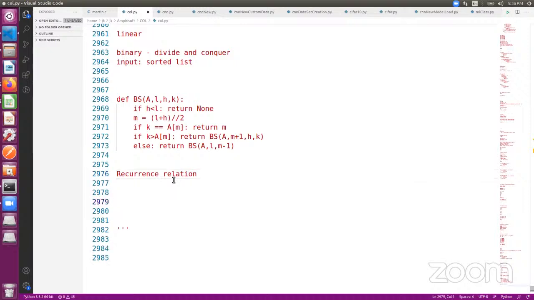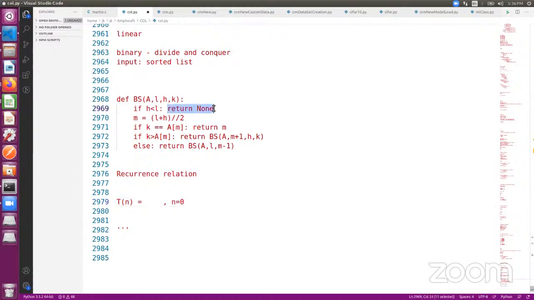T of n is nothing but the number of elements, is equal to... So now if the number of elements is 0, if n is equal to 0, are we doing any operation?